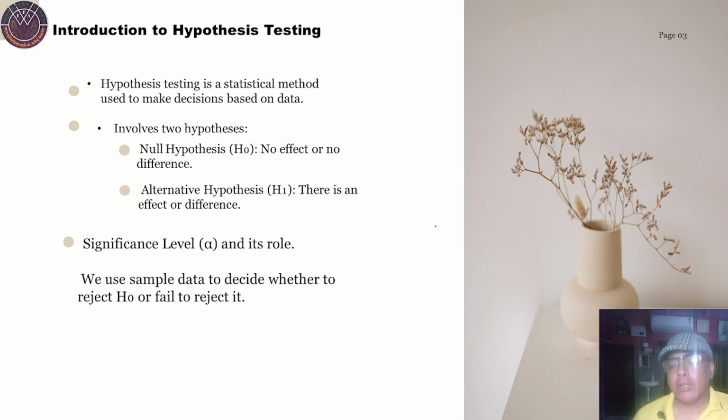Suppose you have framed a null hypothesis that there is no difference between the boys and girls, you collected the data from the sample, and you performed the t test, and your t test value is high enough.